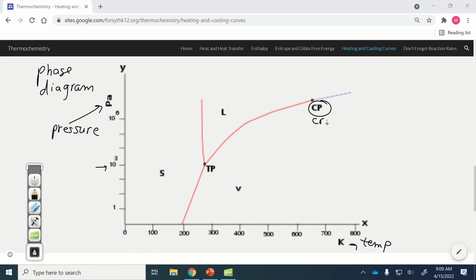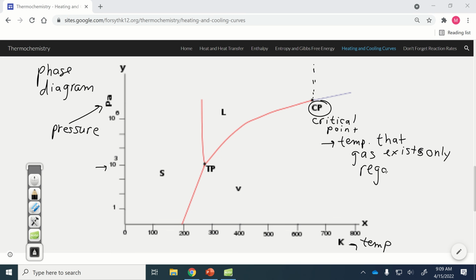Over here we have what's called the critical point. Usually what we see here is almost like a dotted line that goes straight up. I know this one's showing a blue line going to the side, but this is usually a line straight up. The critical point is at a temperature so high that only gas can exist, regardless of the pressure.